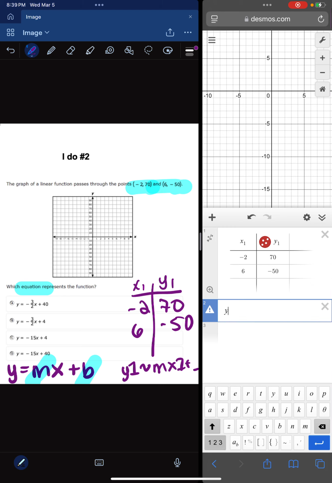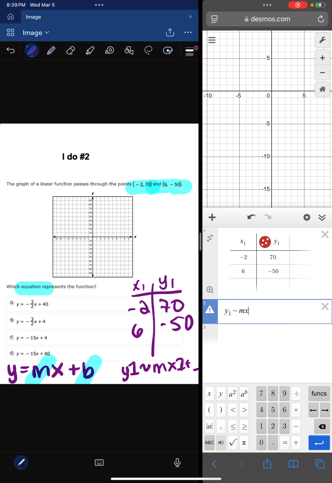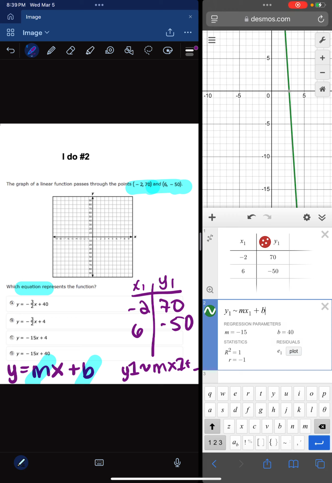So y1 tilde mx1 plus b. That will give me a slope of negative 15 and a b, or a y-intercept of 40.